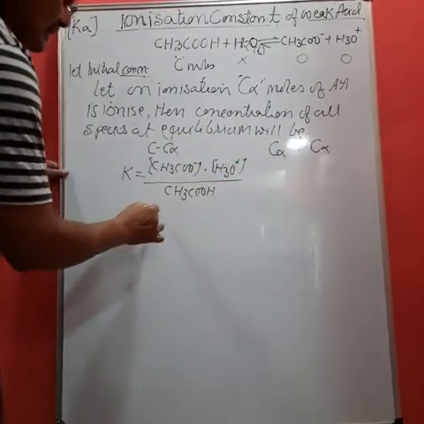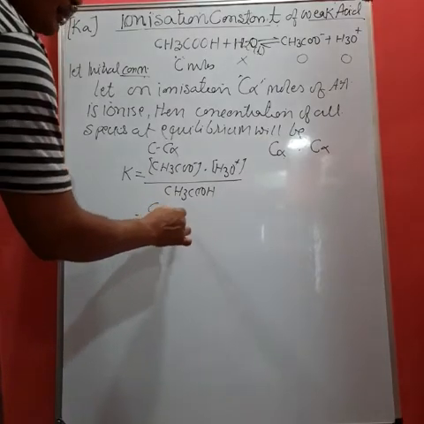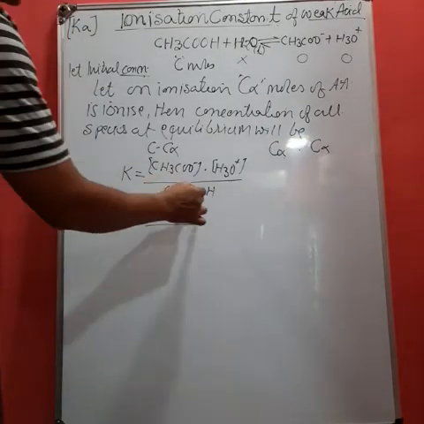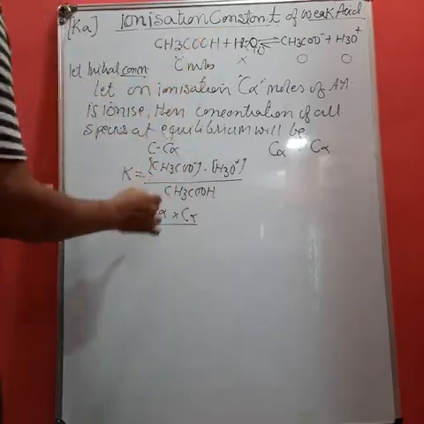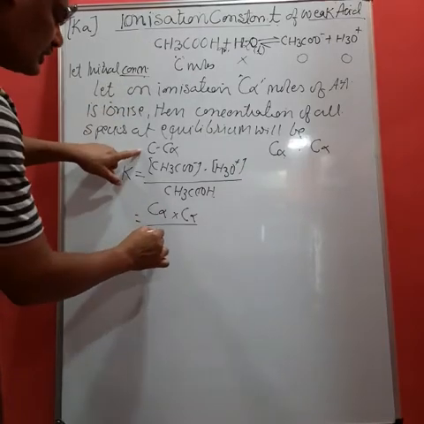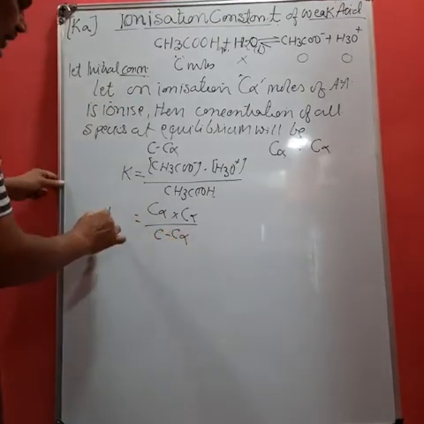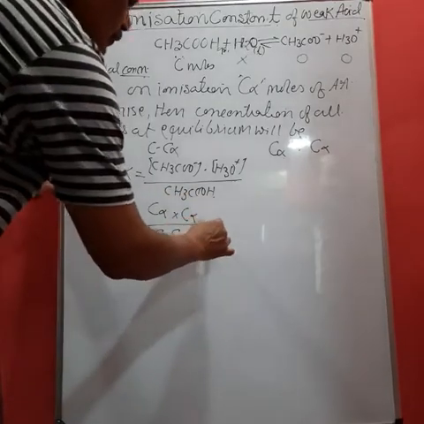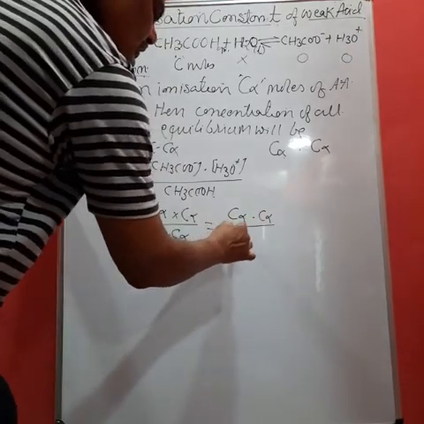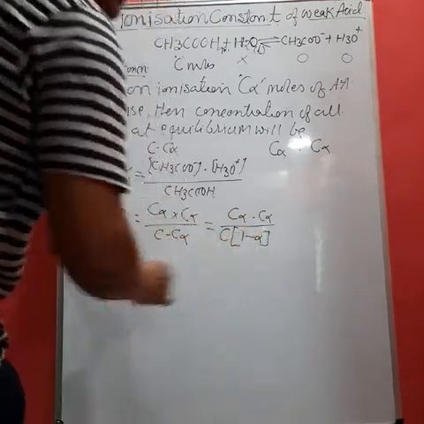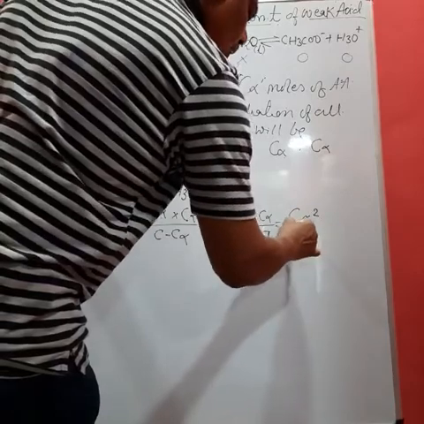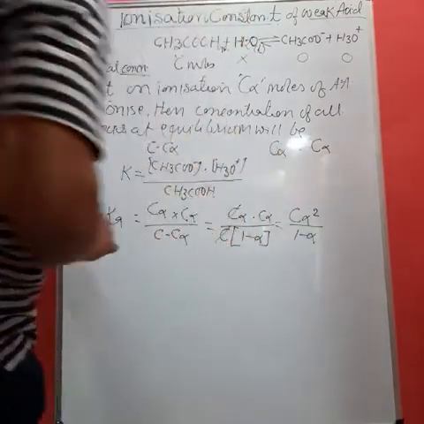Acetate ion concentration is C alpha multiplied by H3O ion concentration, again C alpha, divided by acetic acid concentration, which is C minus C alpha. So this is the value of Ka, or we can also write it as C alpha into C alpha divided by C in bracket 1 minus alpha, or with C cancelled by C, therefore C alpha square upon 1 minus alpha. Getting?